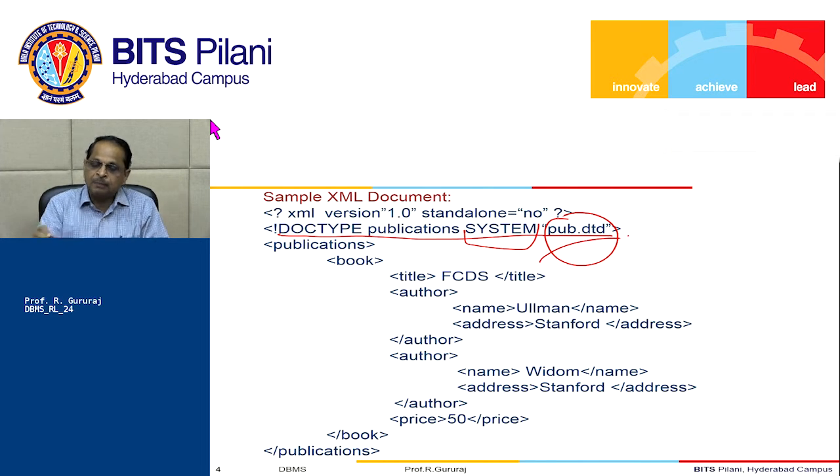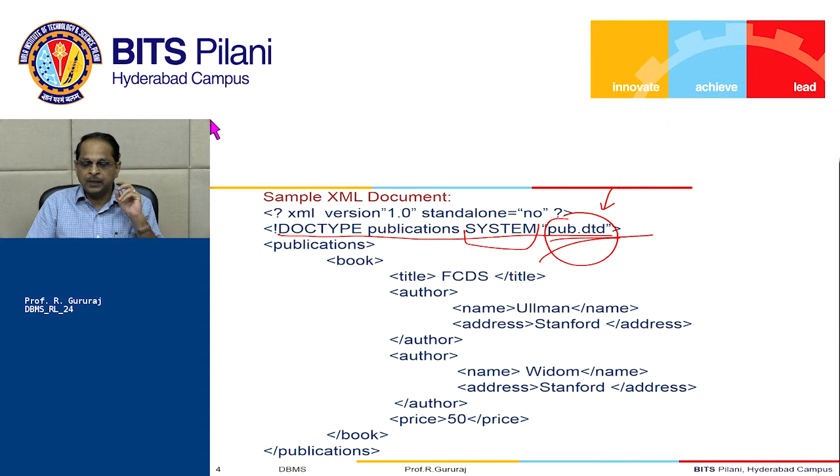If I don't specify the path, it indicates that the pub.dtd file is in the same directory where this XML document is sitting. Otherwise, if it is available in some other directory in the same system, I can specify the path of that directory where this pub.dtd file exists.